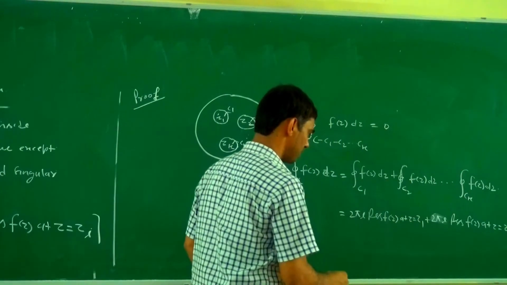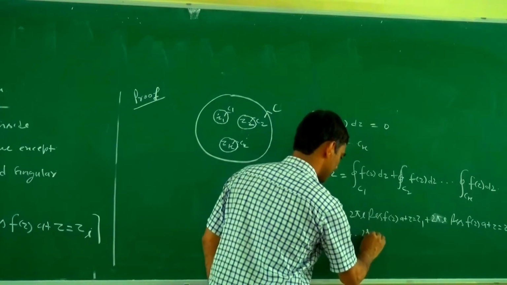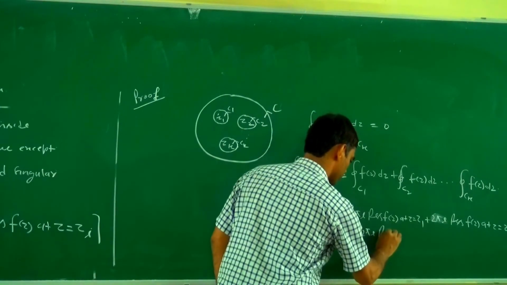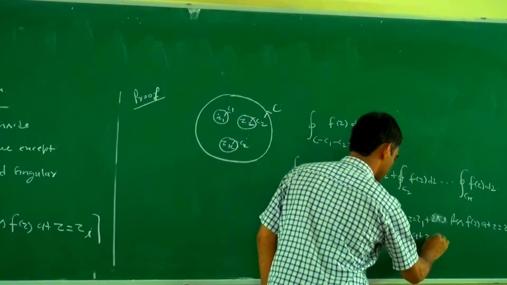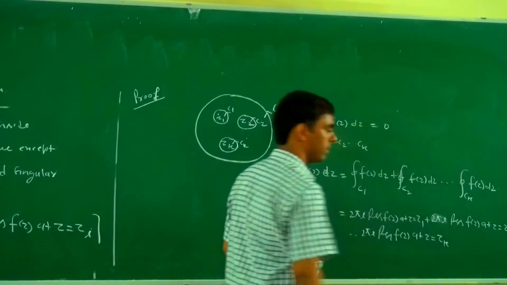Similarly, for the last one, 2 pi i residue of f(z) at z equals zk.